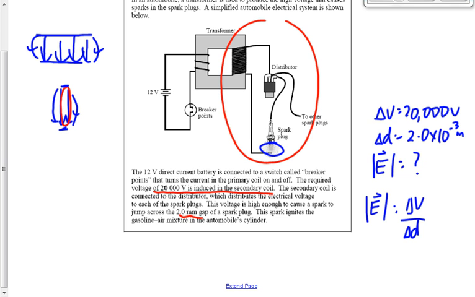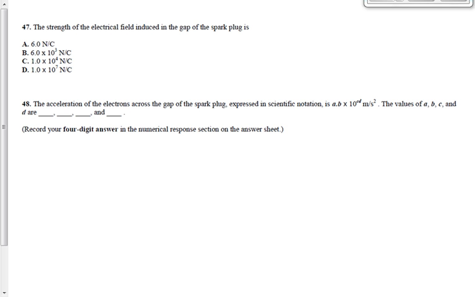which means we can use the equation E is equal to 20,000 volts divided by 2.0 times 10 to the minus 3 meters, which comes to 1 times 10 to the 7 volts per meter. Now we want to find the acceleration of electrons. We would say a is equal to F over m.